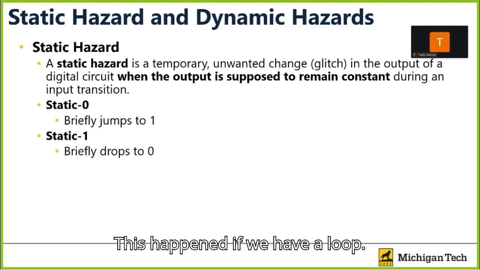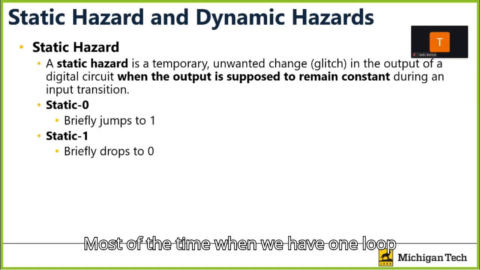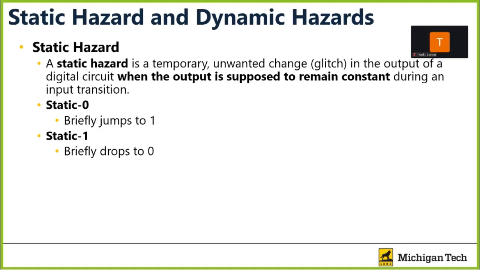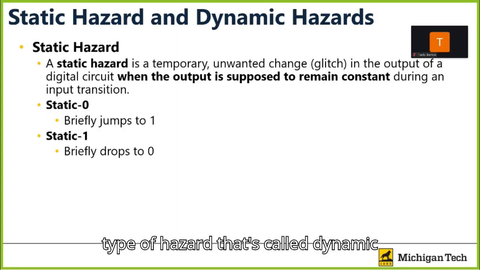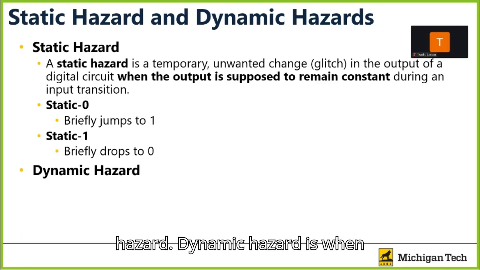This happens if we have a loop. Most of the time when we have one loop and one delay, we have gates that have different propagation times, and this is happening. But sometimes we have another type of hazard that's called dynamic hazard.